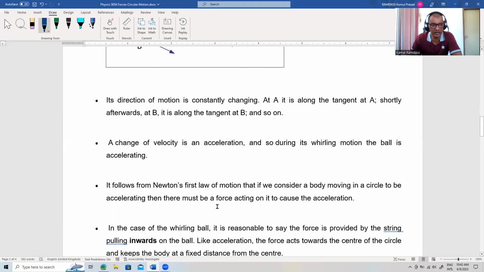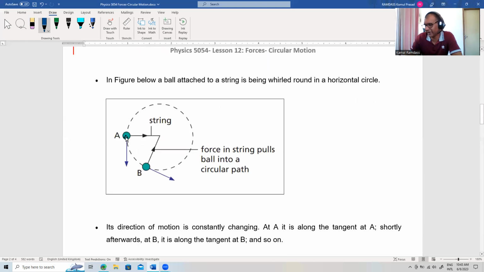Parce que Newton's first law nous dit, a body continues to stay at rest or continues to move at a constant velocity unless compelled to do otherwise by an external resultant force. OK? Ça veut dire, pour que the body puisse accelerate, pour qu'il y ait un change of velocity, there must be an external resultant force acting on the body.